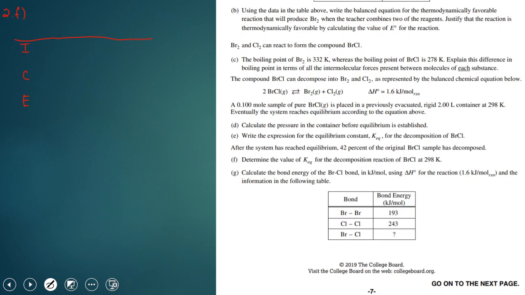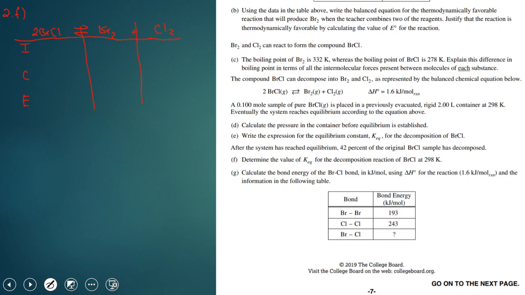I write it as a reaction instead of just the individual components. It makes it a little bit easier. So our reaction is 2BrCl goes to Br2 plus Cl2. Okay.